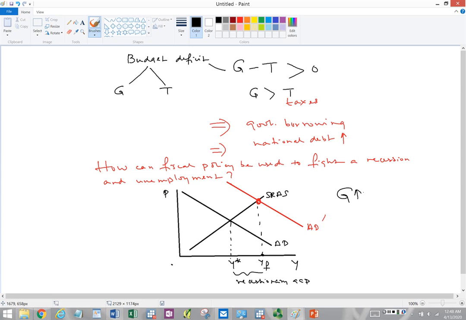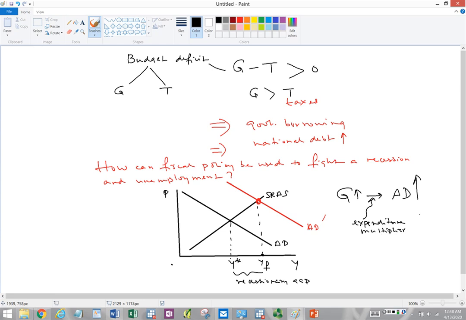So the rise in G causes aggregate demand to increase by many times the increase in government spending, right? So we have the expenditure multiplier at work here, right?